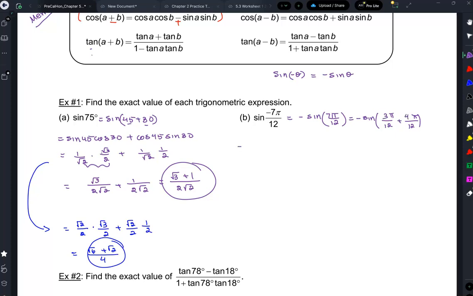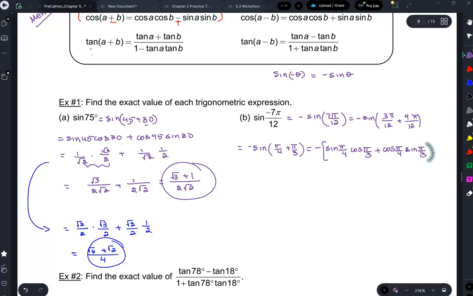So now let me rewrite this. This is negative sine of pi over 4 plus pi over 3. So now this is negative, in parentheses, sine cosine plus cosine sine, because there's a negative out front and it belongs to everything.